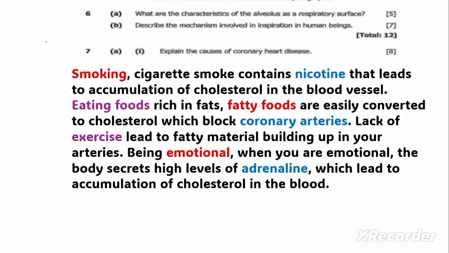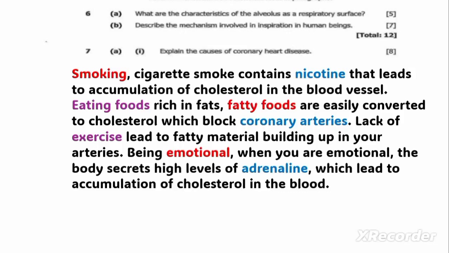The next cause, eating foods rich in fats. So fatty foods are easily converted to cholesterol, which blocks coronary arteries. And when the coronary arteries are blocked, then coronary heart disease is bound to emerge.